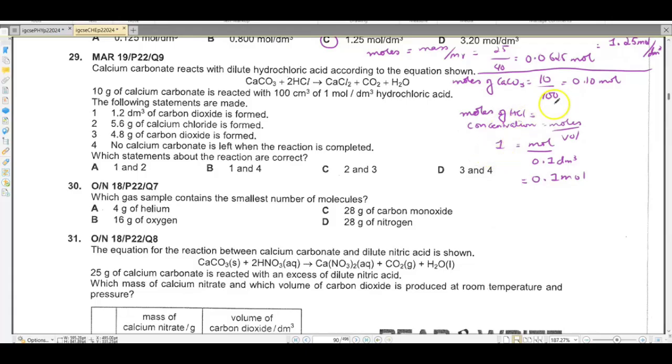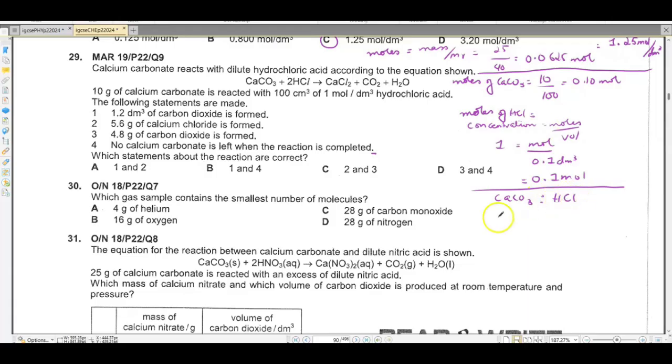Now we have moles of HCl, we have moles of calcium carbonate, and one of the statements that has been made is that no calcium carbonate is left when the reaction is completed. Yani this states that calcium carbonate is the limiting reactant. So we have to see which one of these is limiting and which one is in excess. How do we do that? We have moles of CaCO3, we have moles of HCl.